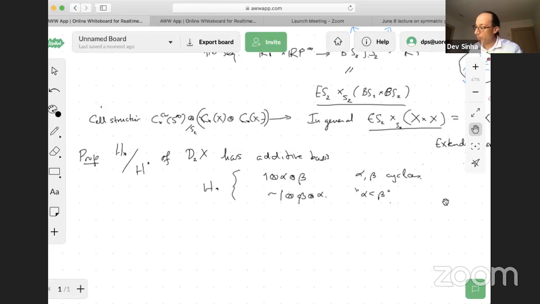And then the more interesting thing is that we can take the I-cell and in mod 2 homology, this ends up being a cycle. And what I'm going to call this, let's give these names.